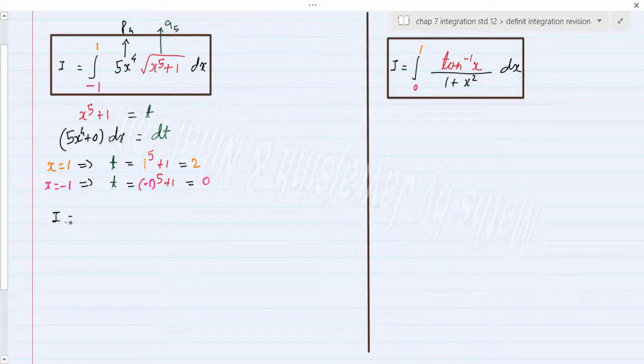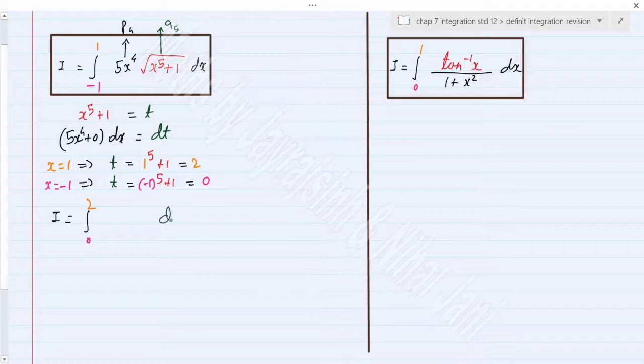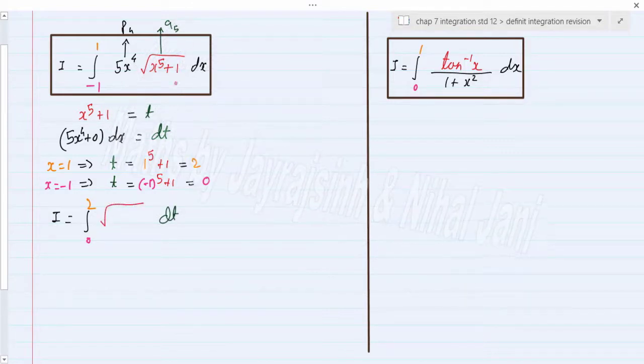So we are ready to modify our integration. Instead of from minus 1 to 1, our limits will change from 0 to 2. And this 5x raised to 4 dot dx will become your dt, and under root of x raised to 5 plus 1 will become under root of t.